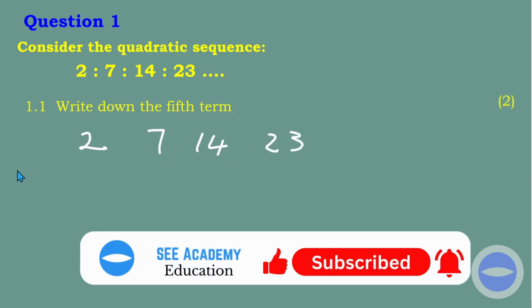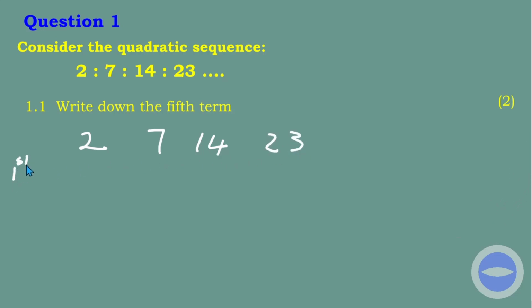So the first differences of the sequence: 7 minus 2 is 5, then 14 minus 7 is 7, 23 minus 14 is 9. So these are the first differences.